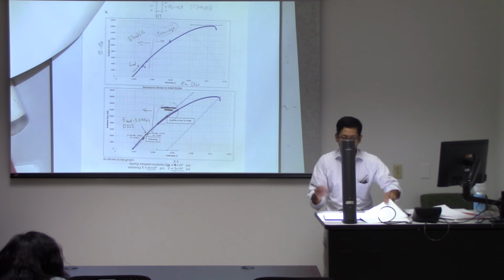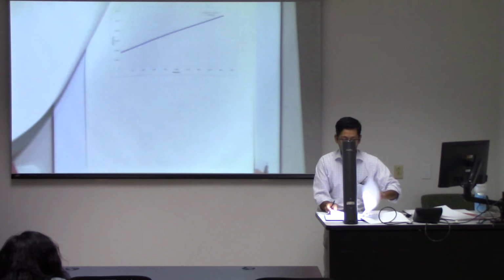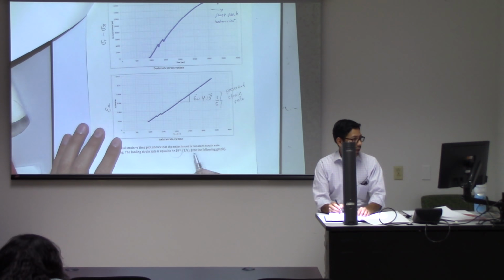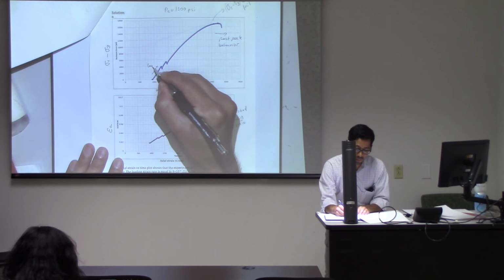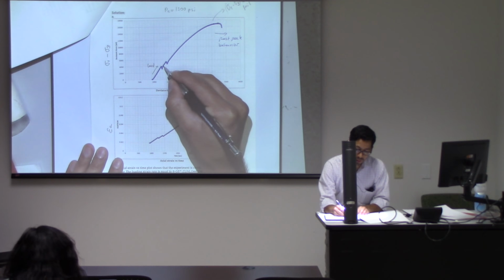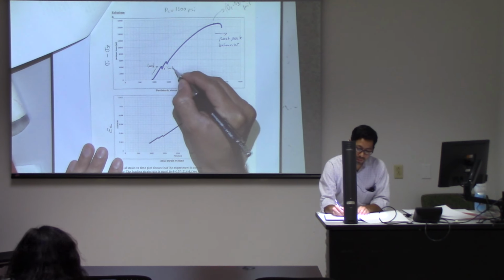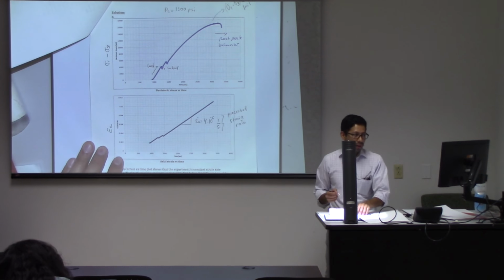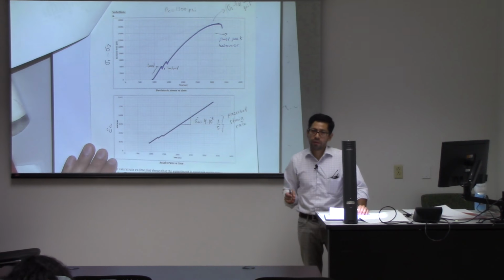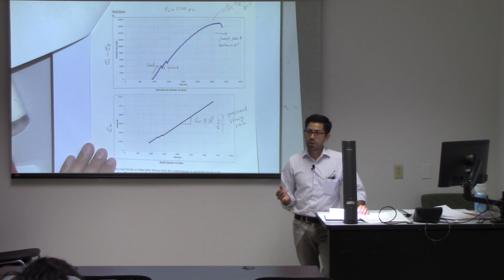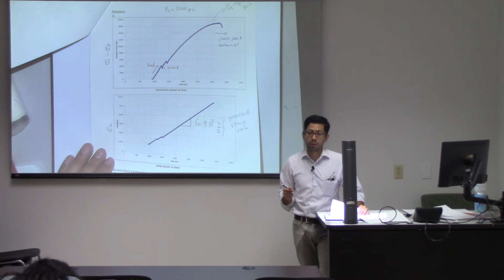Let me come back to the previous plots. As a function of time, you see this is loading, this is unloading. Why do we do that? We do that because rocks tend to develop plastic strains. That's something that we're going to talk about on Tuesday.